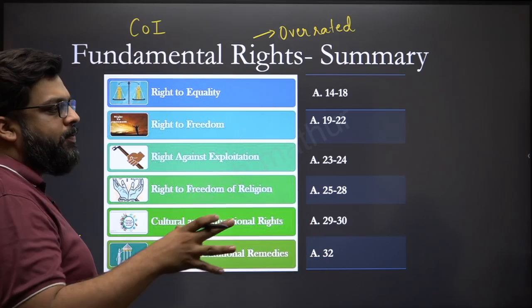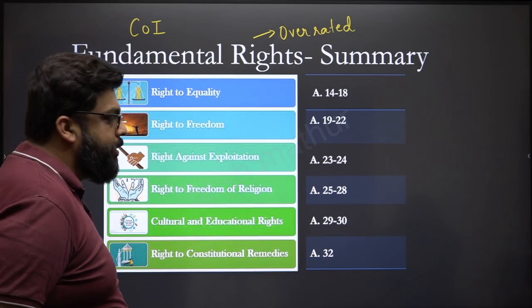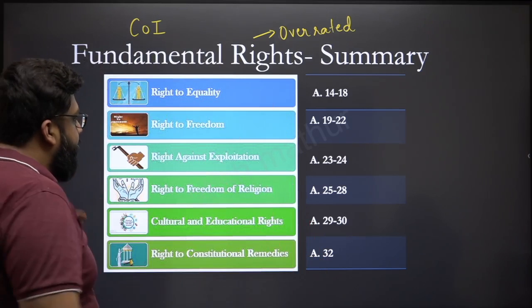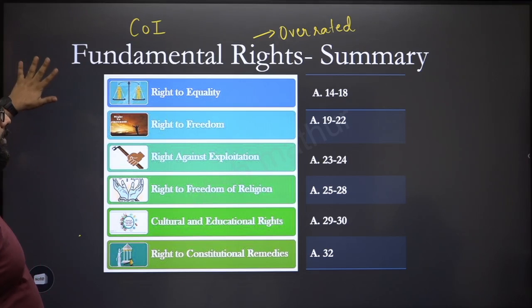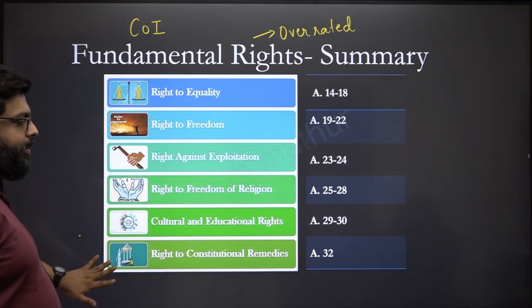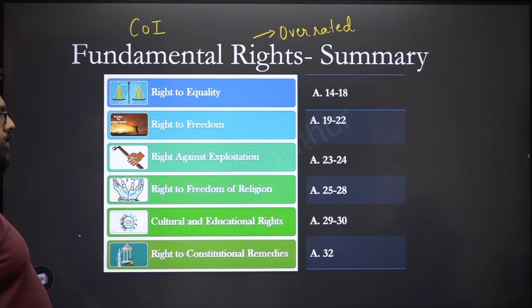So a general sense of understanding as to how rights are arranged is, you will see as a whole, they start from very basic umbrella rights such as equality, then they move to something very specific such as cultural and educational.